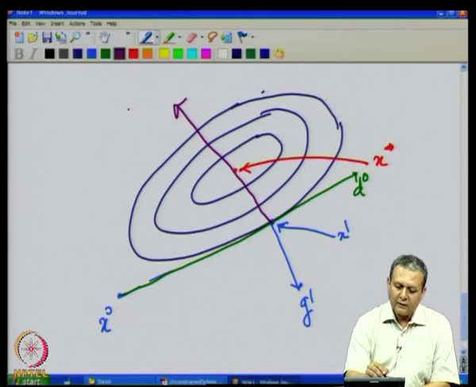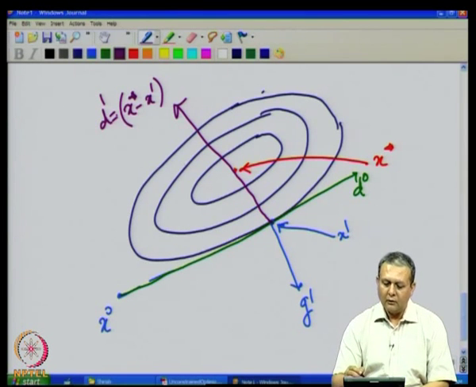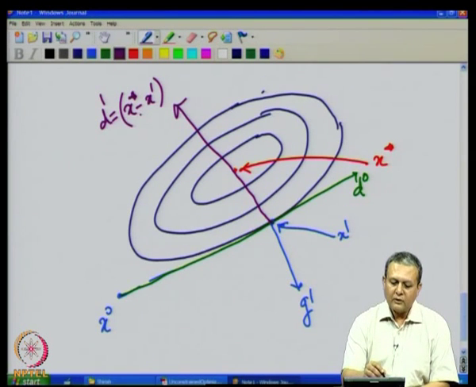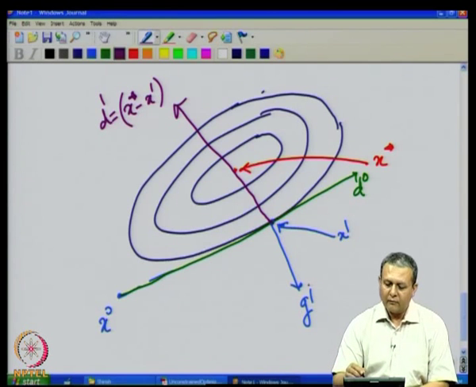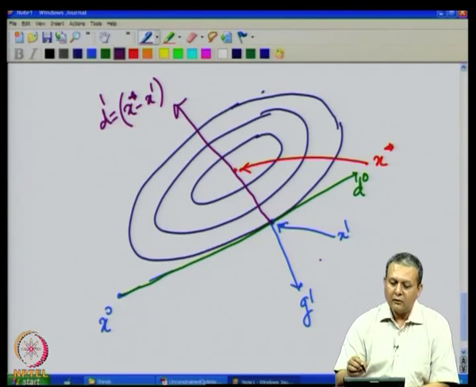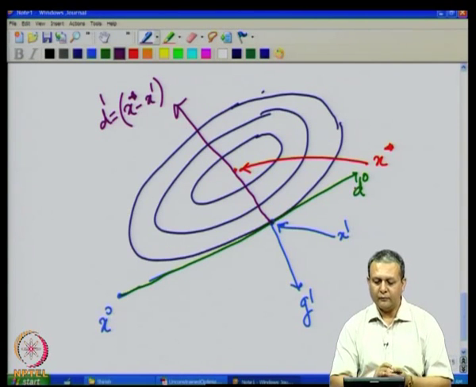So, this is the direction x star minus x1, and this is going to be our d1. Now, we want to see whether x star minus x1 is orthogonal to d0, or d1 is orthogonal to d0.